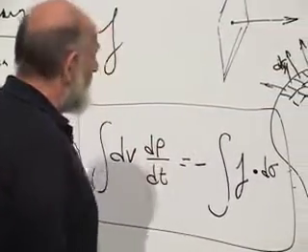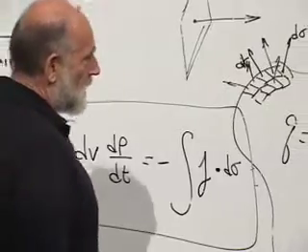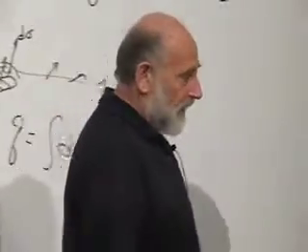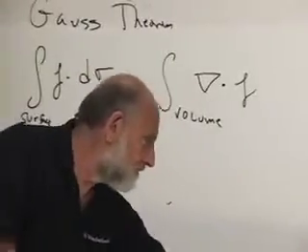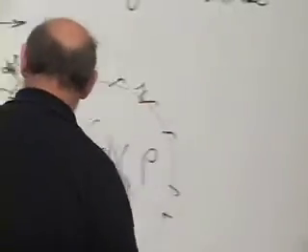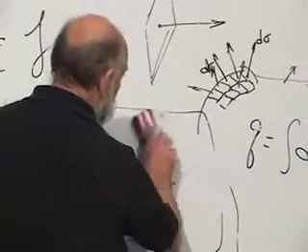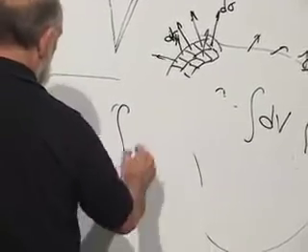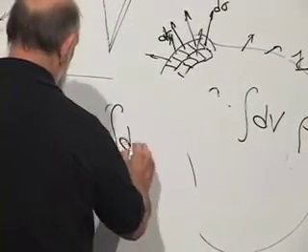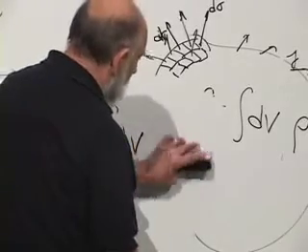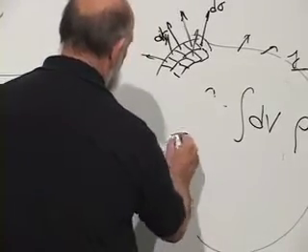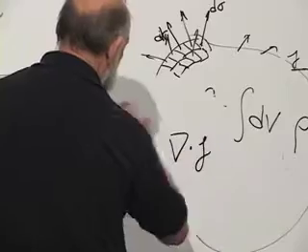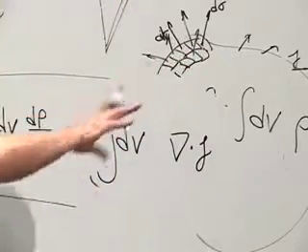If we assume it, then we can write the right-hand side of this equation as an integral over the volume, another integral over the volume of the divergence of the current. It's the spreading out of the current.